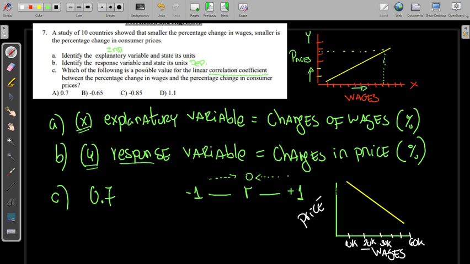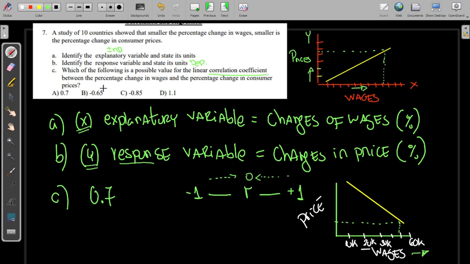Now, I don't think that this type of relationship is going to be negative, right? Because the more you earn, if you earn $10,000 or $20,000, $30,000, $40,000, as the wages go up, more money, right? You're going up here. I believe that the prices are not going to go down. A negative relationship would be a negative slope, so there would be a negative correlation coefficient.